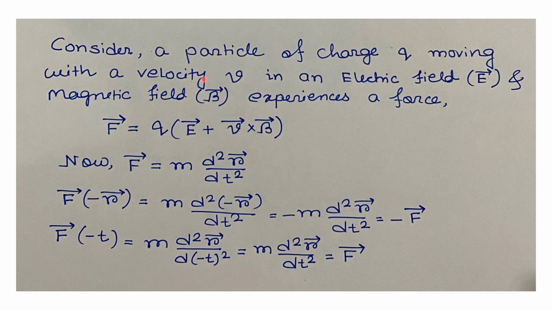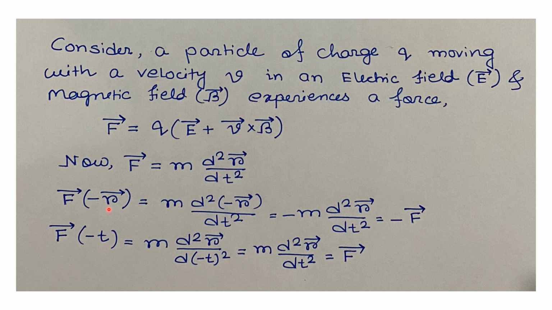Now consider a particle of charge q moving with a velocity v in an electric field E vector and magnetic field B vector. It experiences a Lorentz force that is given by this expression: force F vector equals q times the electric field vector E plus v cross B. Now force can be written as mass of the particle times acceleration, and acceleration is d2r dt2.